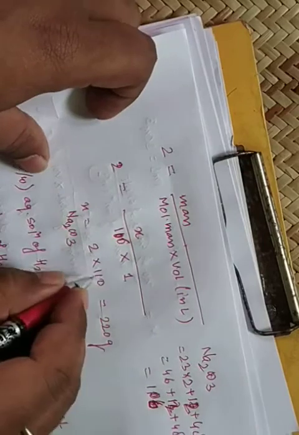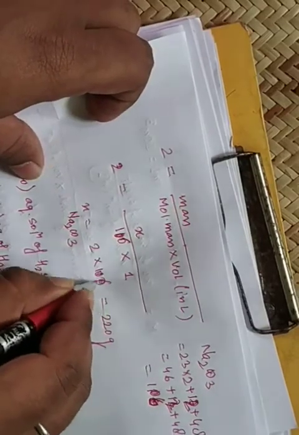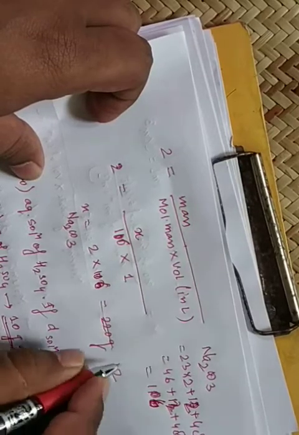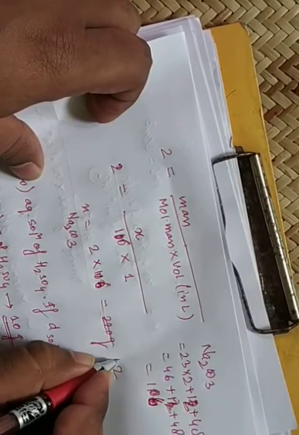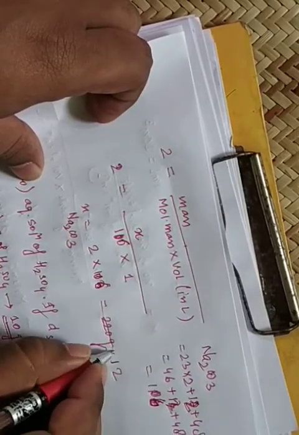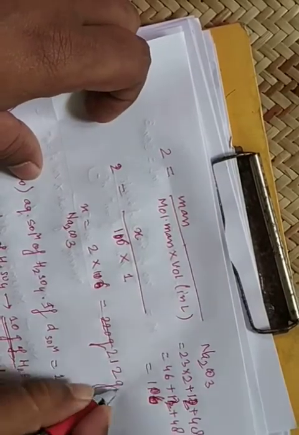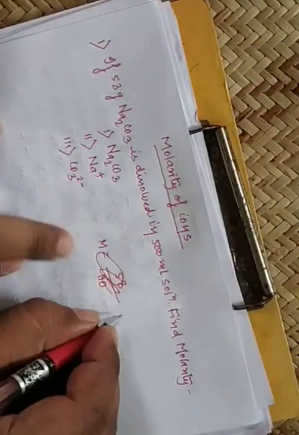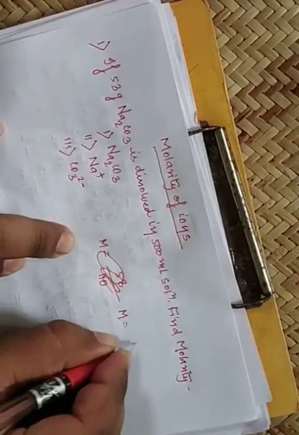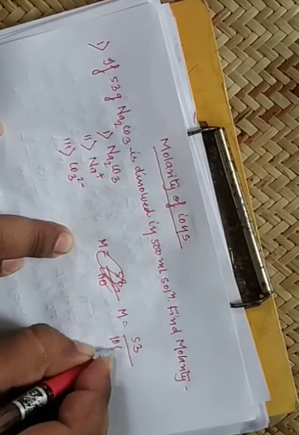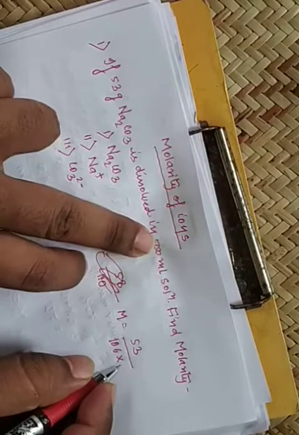So you use 106. Now here molarity is equal to 53, the molar mass of Na2CO3 is 106, and the volume of solution is 500 ml.